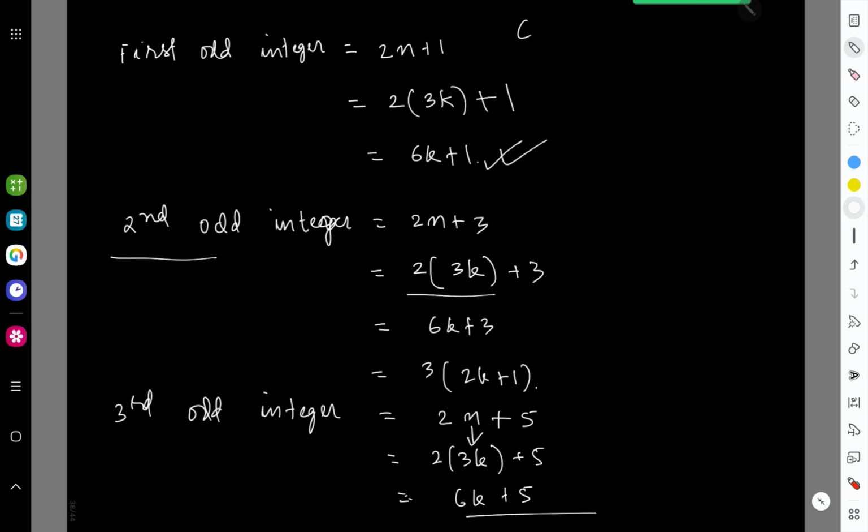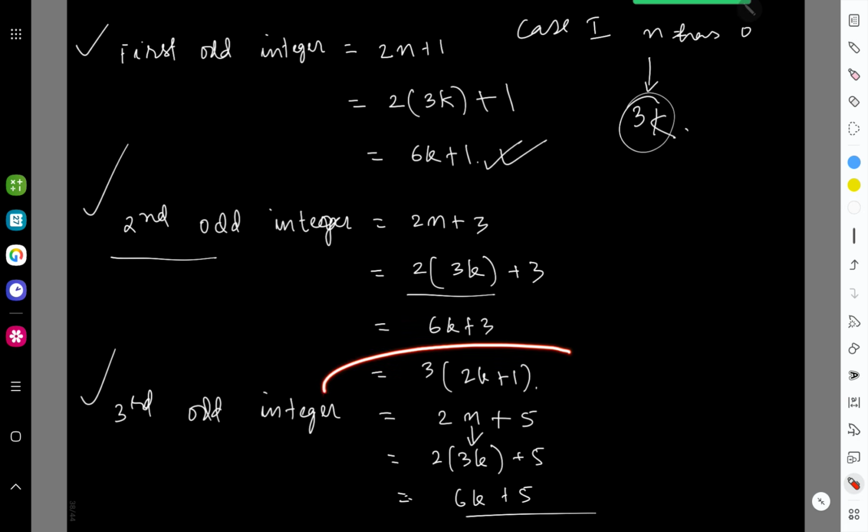So for the first case, when n has 0 as remainder, that is when n is of the form 3q or 3k, we can see that out of the 3 consecutive odd integers, the second odd integer is a multiple of 3. Why? Because we are able to express it in the form of 3.